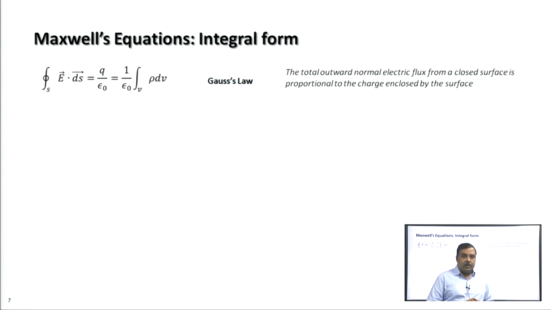Here the surface integral is evaluated over a closed surface, and the volume integration is done in the volume which is enclosed by the closed surface. So, what does this Gauss's law represent? The total outward normal electric flux from a closed surface is proportional to the charge enclosed by the closed surface.